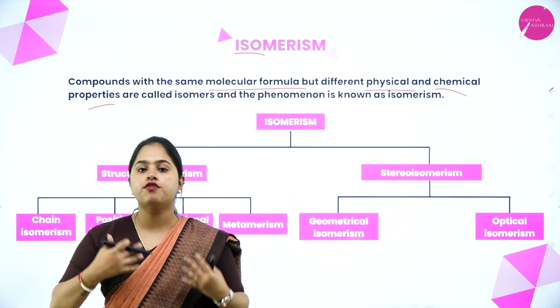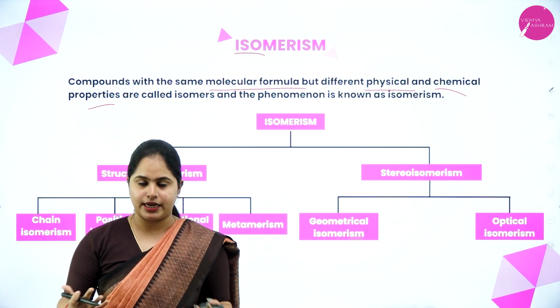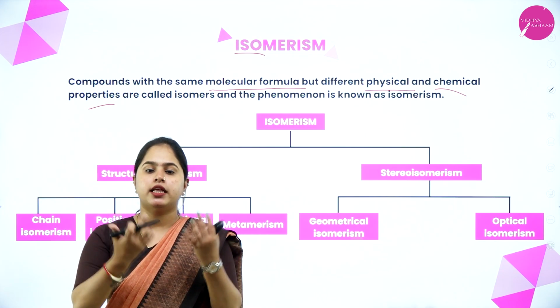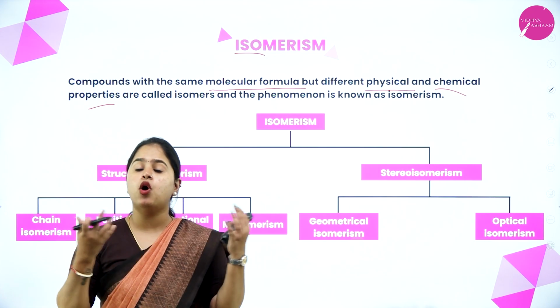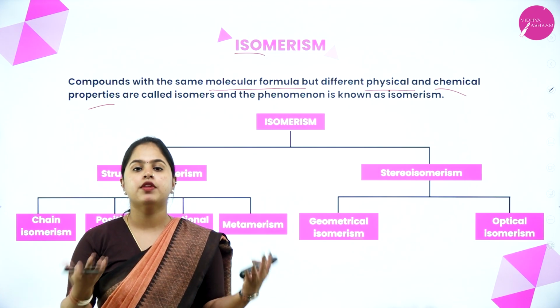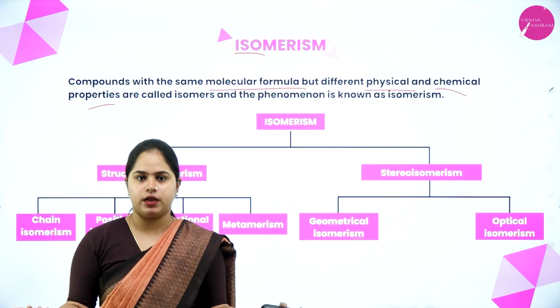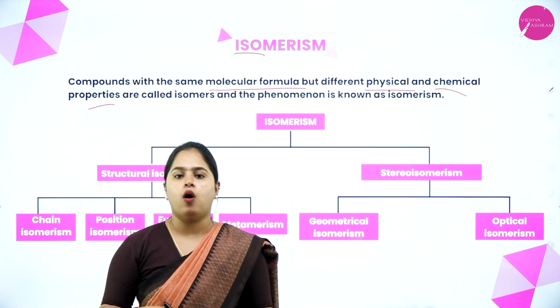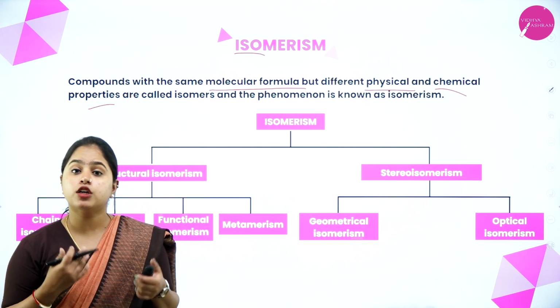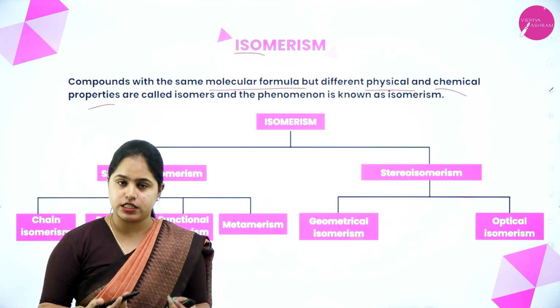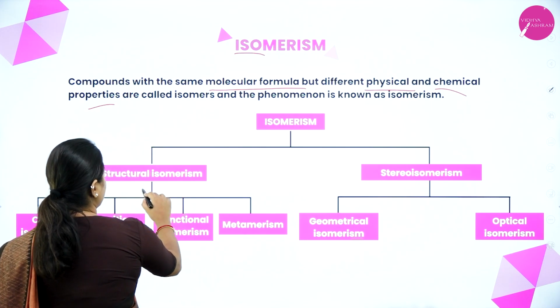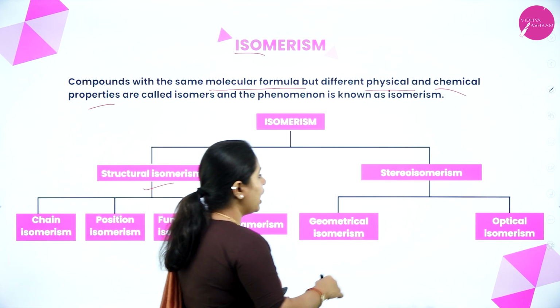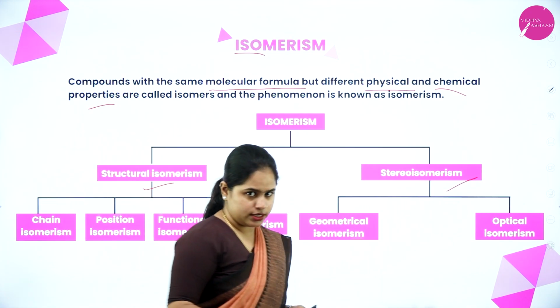That means the number of carbon, hydrogen and other atoms will be the same. The number of atoms will be the same, that is, the molecular formula will be the same, but the structural formula will be different. Hence, their physical and chemical properties will also be different. So, they are broadly classified into two types, that is structural isomerism and stereoisomerism.